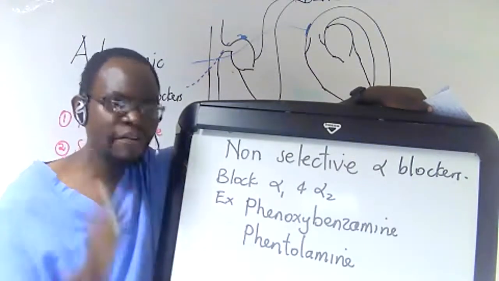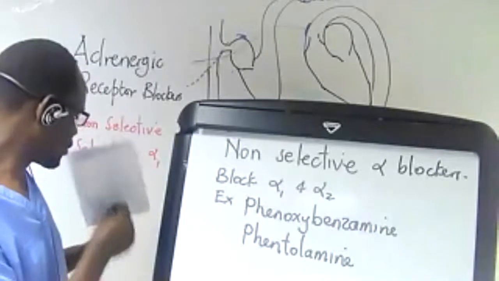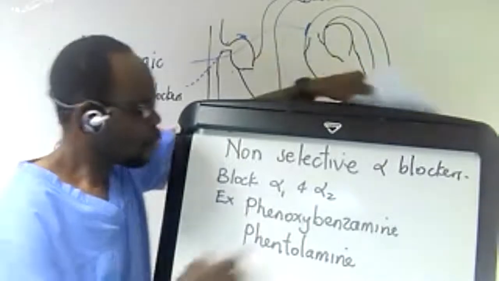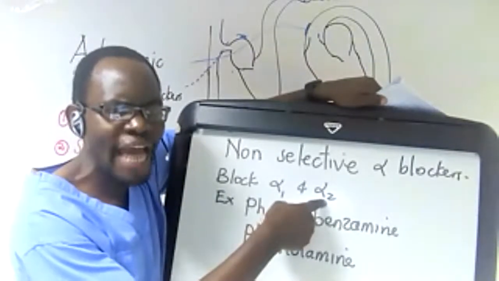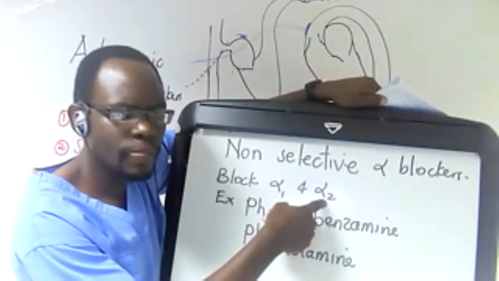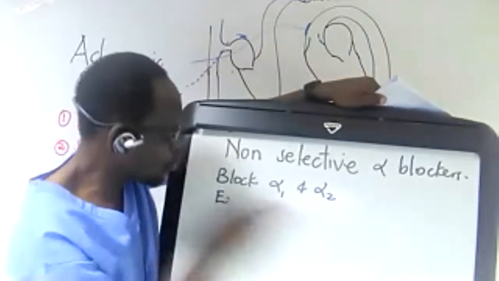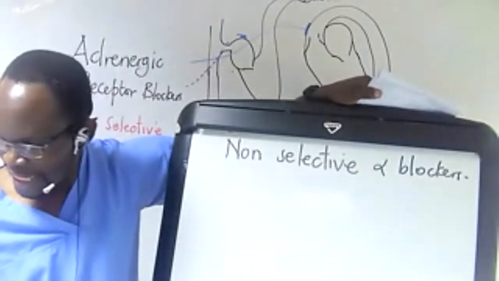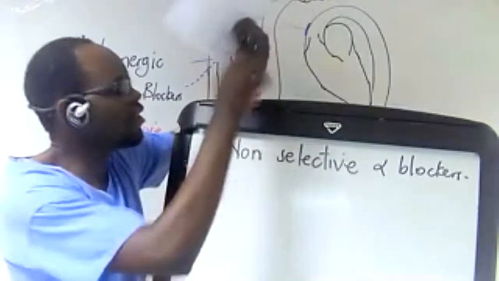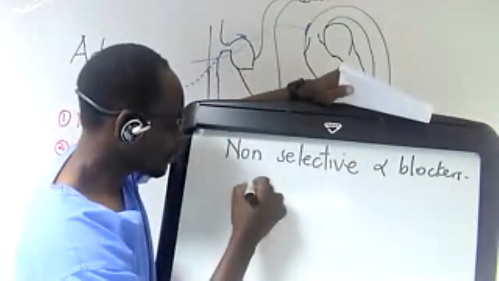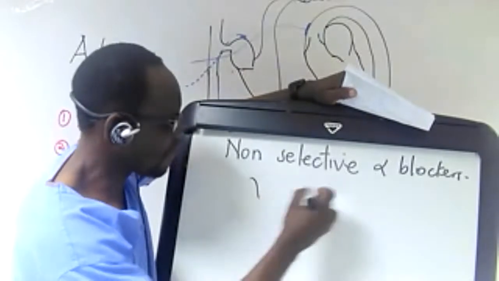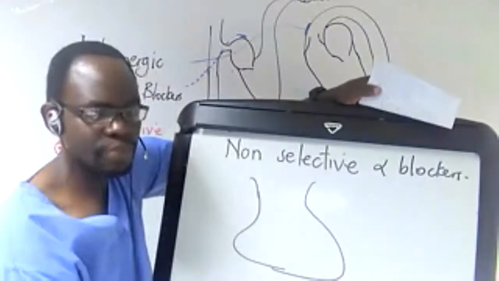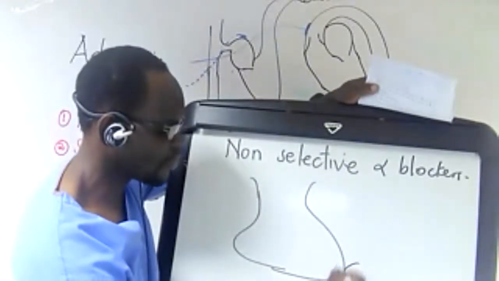However, look here very critically. When you block alpha 2, where did we say alpha 2 are situated? Most alpha 2 are situated on the nerve endings, the preganglionic nerve endings.